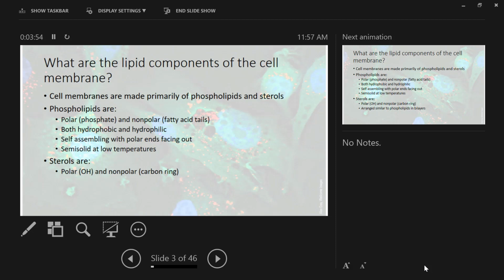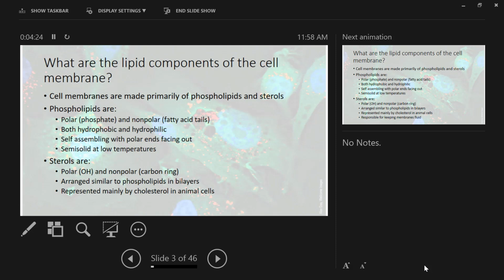So they're still polar and nonpolar, meaning like phospholipids, they're hydrophilic and hydrophobic. And it also means that they're going to be arranged similarly in these phospholipid bilayers. The polar part will stick out where the big polar head of the phospholipid is, and the nonpolar ring will be buried within the membrane like the fatty acid tails. Okay? Make sense? Y'all saw a lot of this on Wednesday.